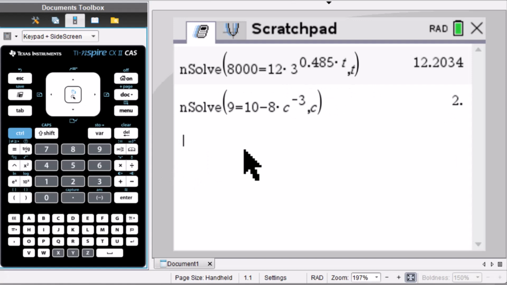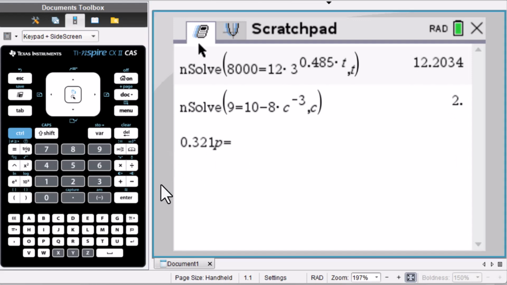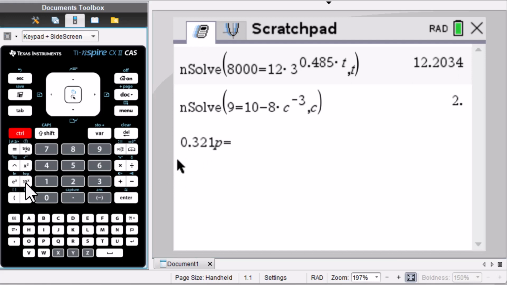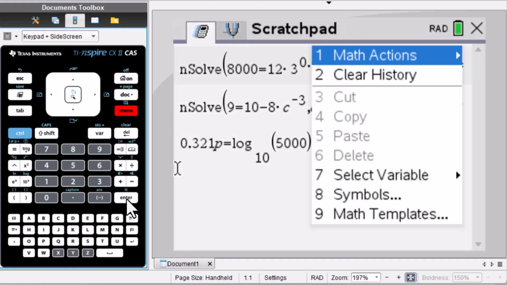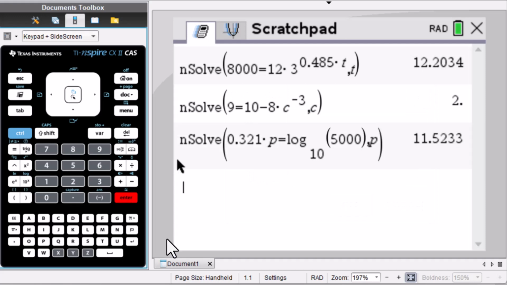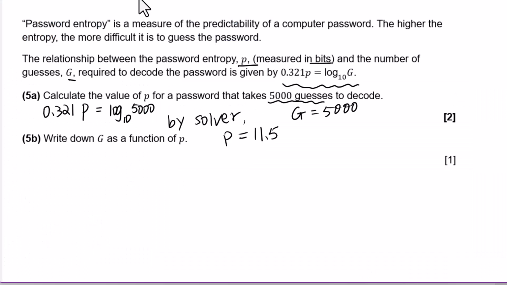Type the equation first. 0.321 P equals control 10 to the x power, base is 10 of 5,000. Then control menu, enter, enter, enter. P equals 11.5.